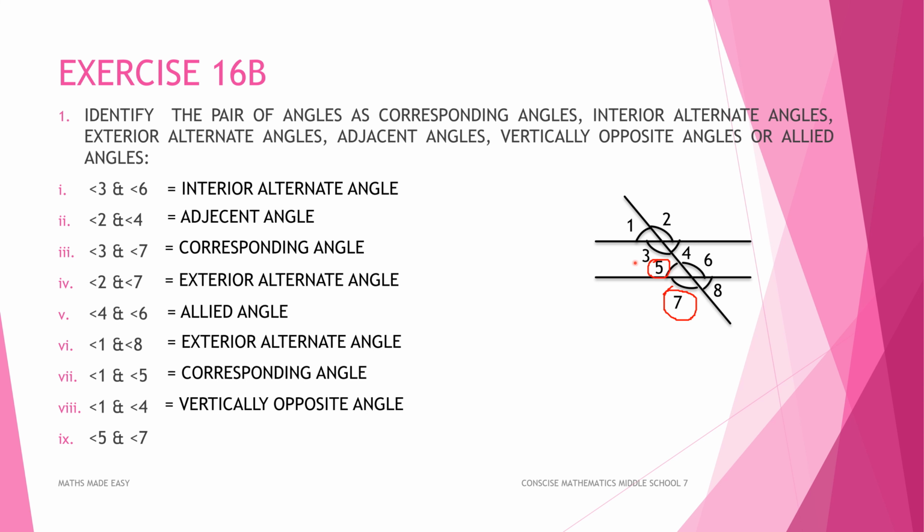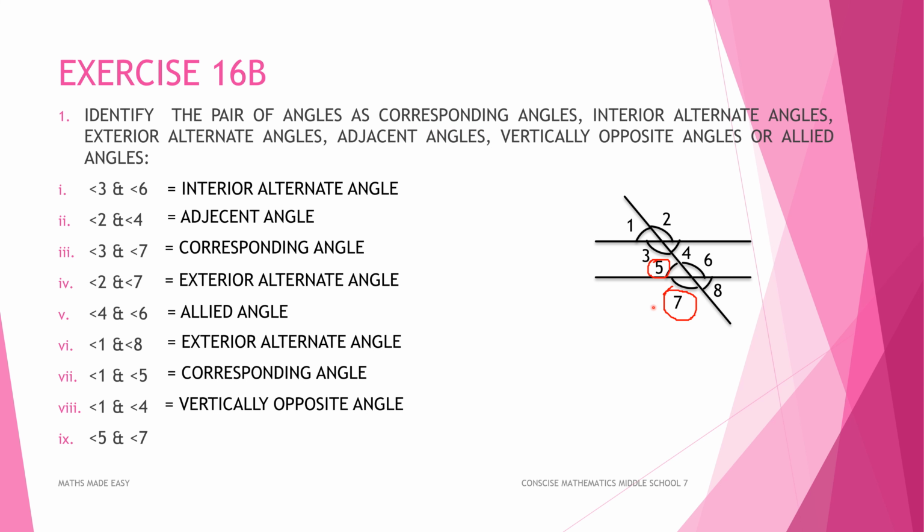But see here, 3 and 7. Previously in 3 and 7, 5 was in between them, right? But look here, 5 and 7, one is interior, one is exterior, but there is no angle in between them, so it doesn't come under corresponding angle, right?